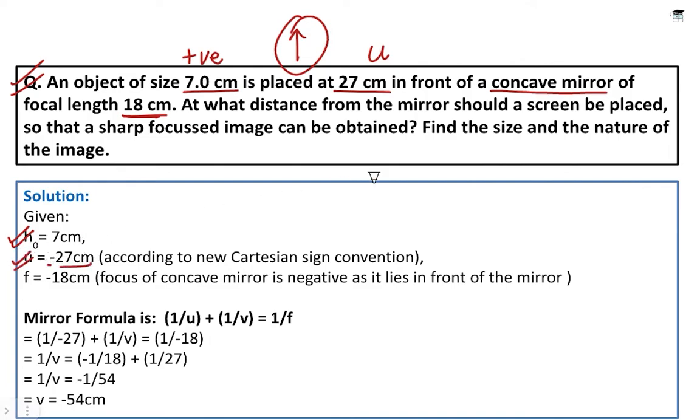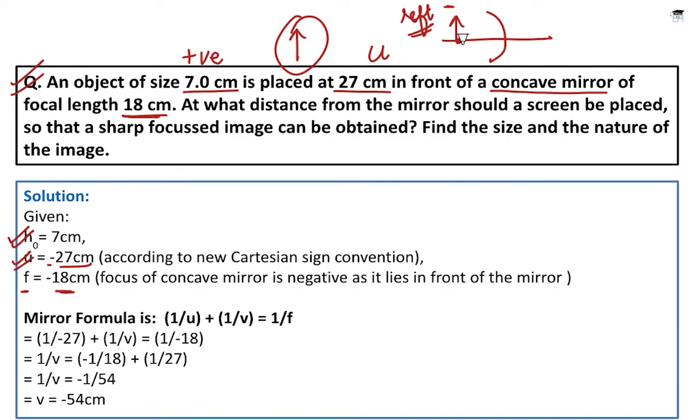Why minus? Because we discussed that the objects are placed on the left side of the mirror, and the left side is negative. That is why u is negative. And the focal length of the concave mirror is also negative, because the focus of the concave mirror is on the left side.